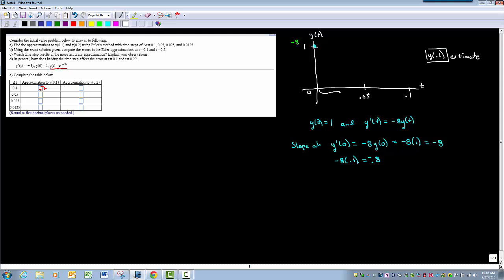This length right here is 0.05, and this length right here is also 0.05. So my change in t value on this axis changes each time by 0.05. That's what this means. Let me get rid of that so we've got a little more room to work.